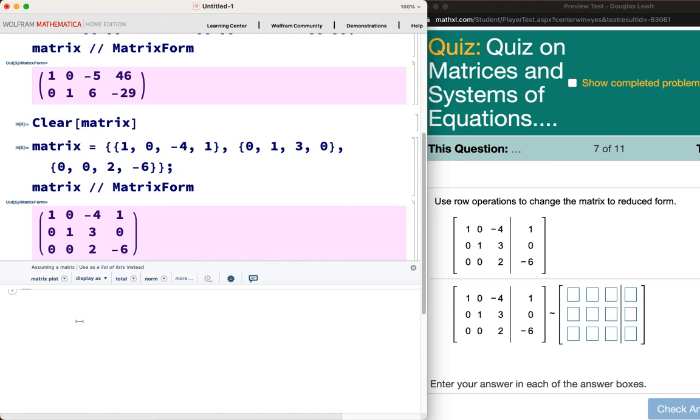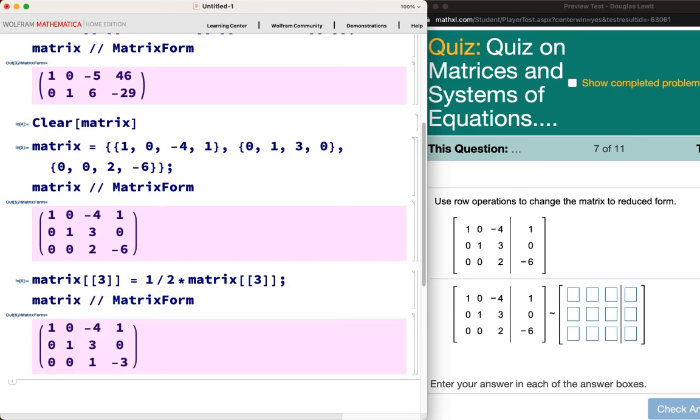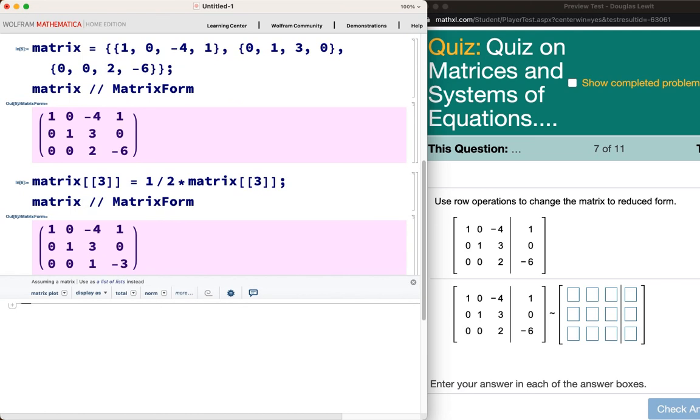Okay, so this should be pretty easy. The 2 has to become a 1. How do you change it into a 1? You multiply the entire third row by the reciprocal of 2, which is 1/2. So matrix third row is equal to 1/2 times the third row of the matrix. Matrix form, okay, we're good.